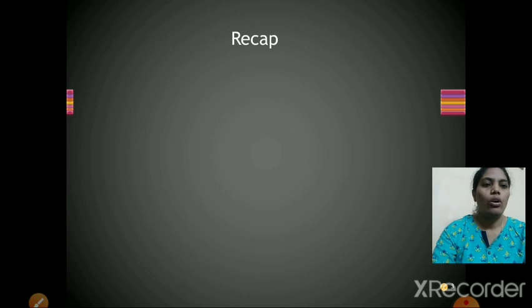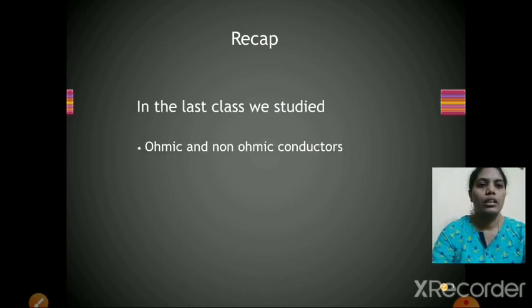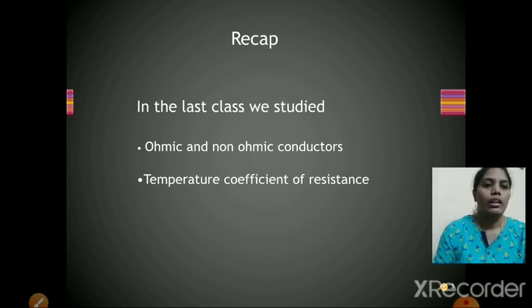Before moving on to today's session, let us recall what we learned in the previous session. In the last class, we studied about ohmic and non-ohmic conductors, and also we learned about temperature coefficient of resistance. Ohmic are the conductors which obey Ohm's law, and non-ohmic conductors are the conductors which do not obey Ohm's law.